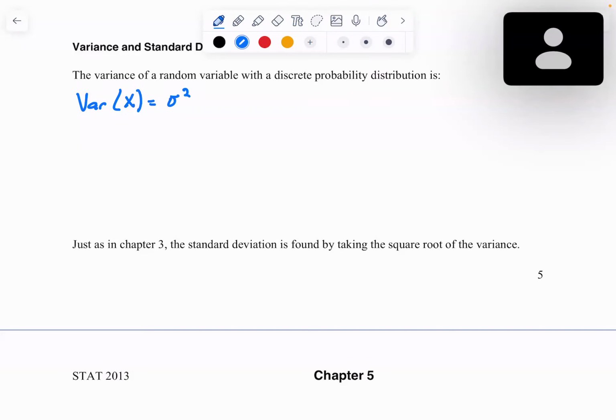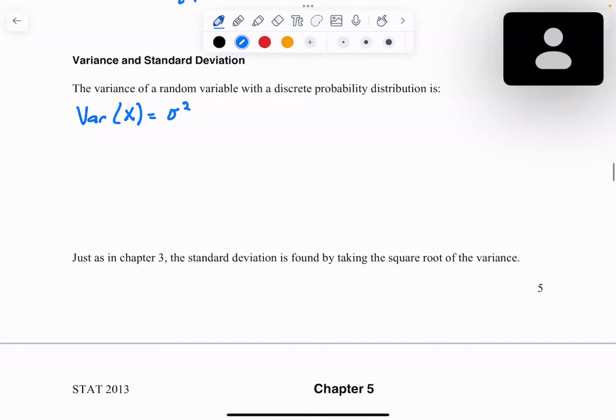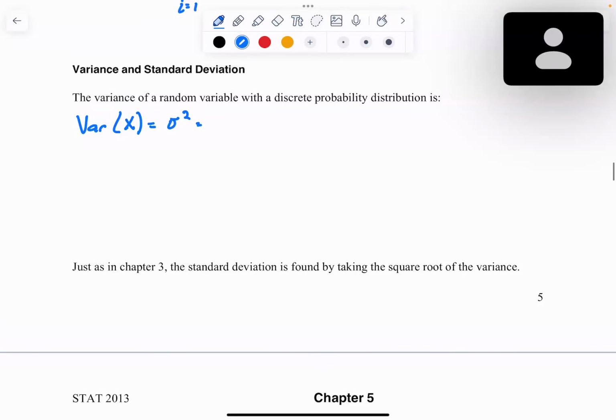So this one is found a little bit differently. This is found by the expected value of x squared minus the expected value of x, this quantity squared.